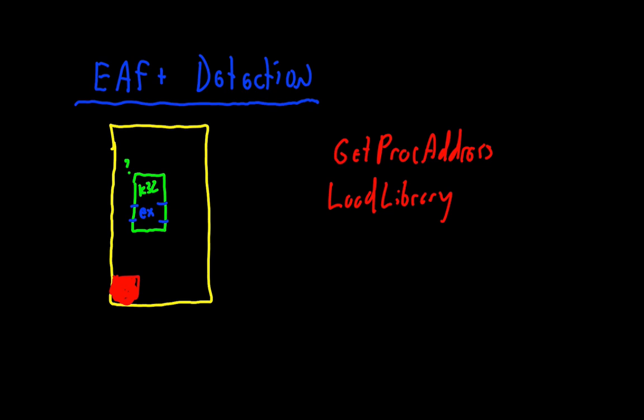Well, there's another data structure called the PEB, and the PEB is available at a findable location. It is the process environment block. So to find kernel32, we read the PEB, and we use the PEB to find kernel32, and then we walk the export table looking for get proc address and load library. And we then have the pointers we need to start doing stuff.